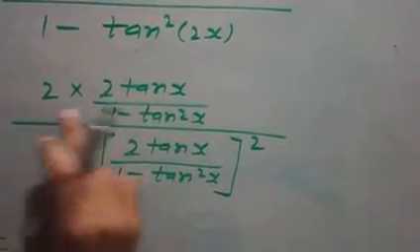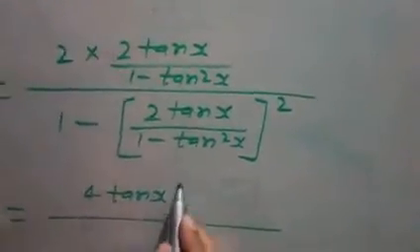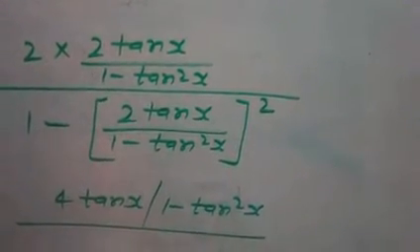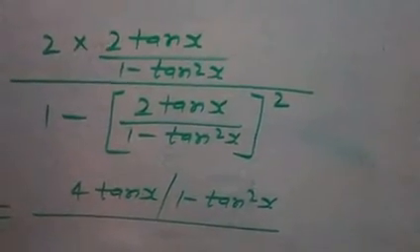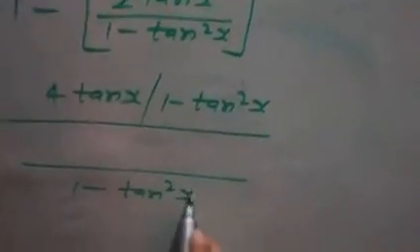So in the numerator 2 2s are 4 tan x upon 1 minus tan square x, and here 1 minus tan square x whole square.